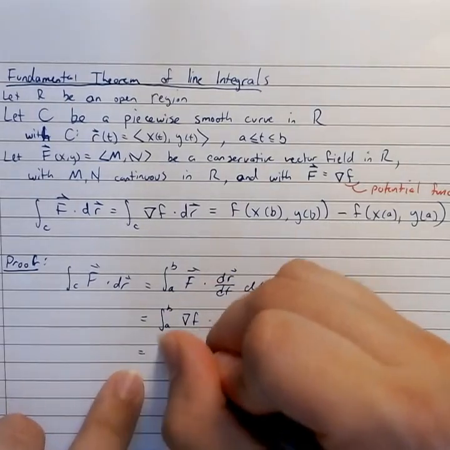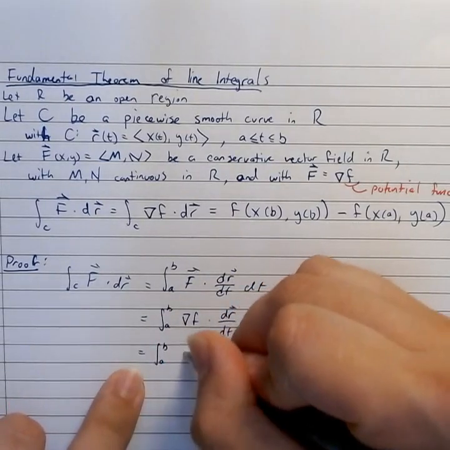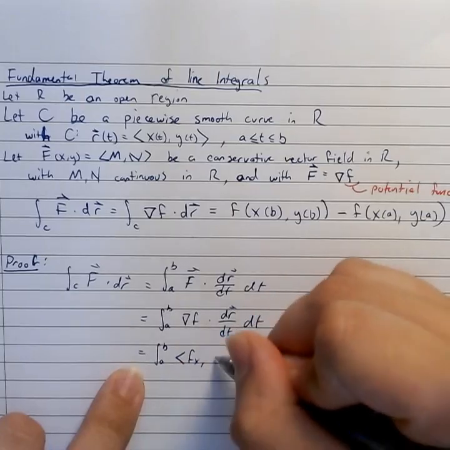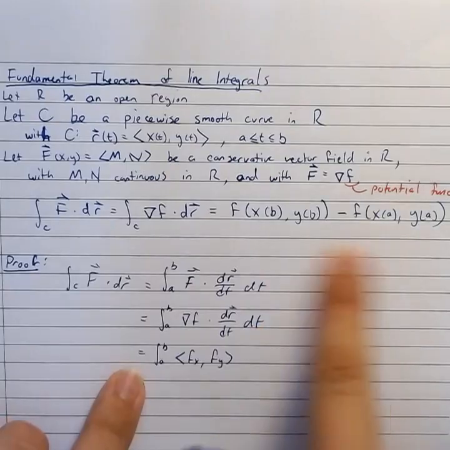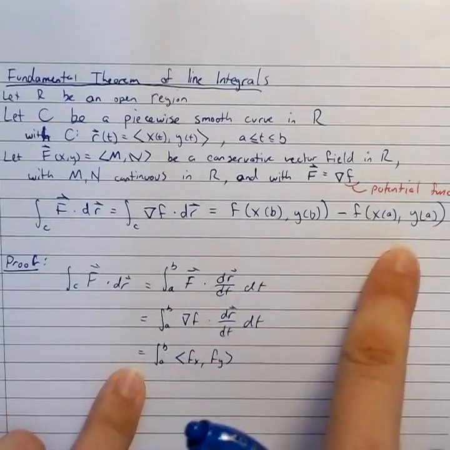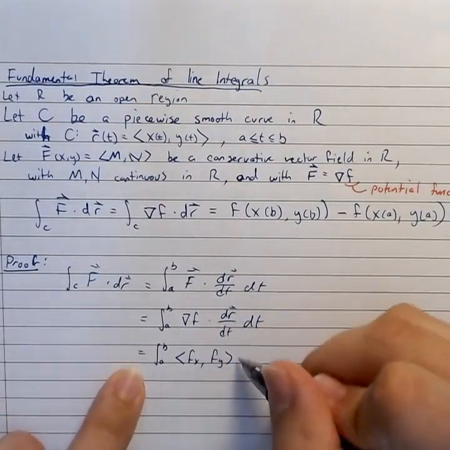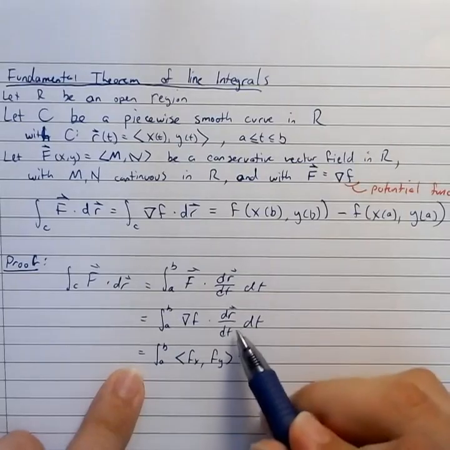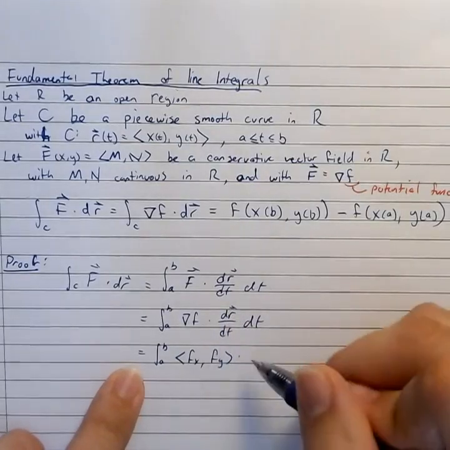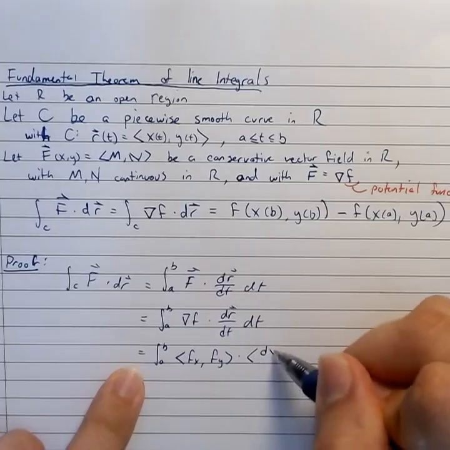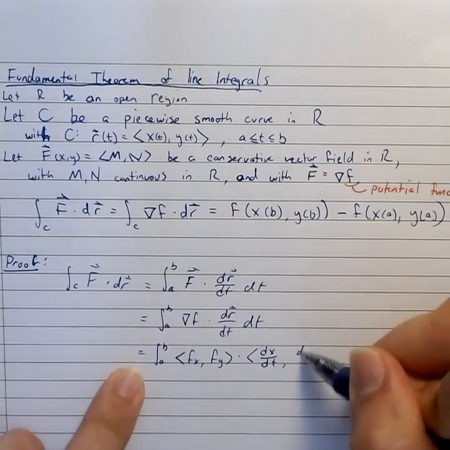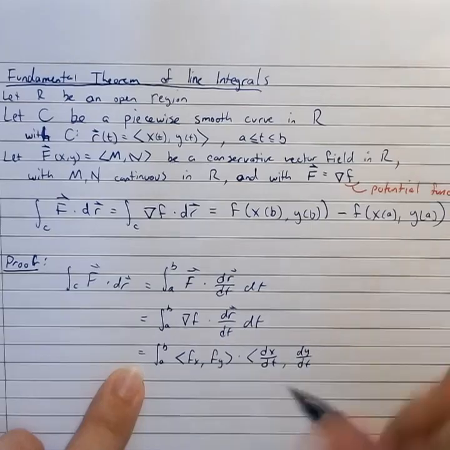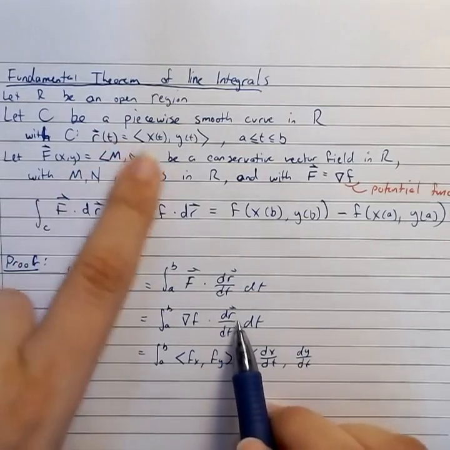We know that the gradient is equal to f sub x comma f sub y. Here I'm proving this the way it's written for two variables. Of course, this can be done for any number of variables. And here I can go ahead and write dr/dt as dx/dt comma dy/dt.